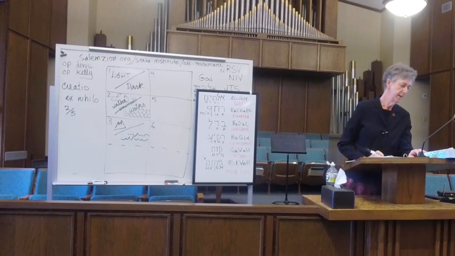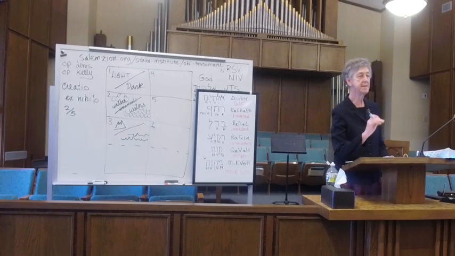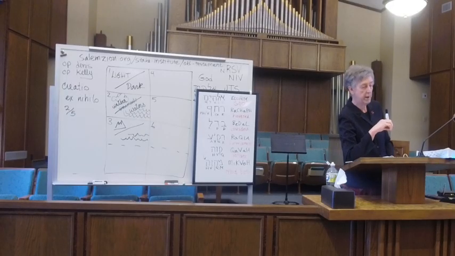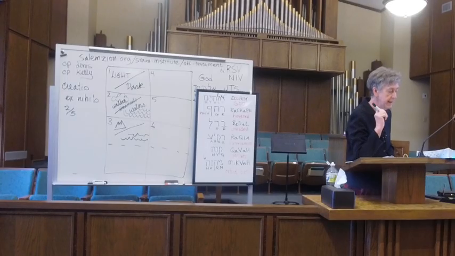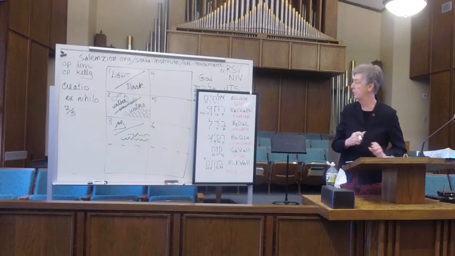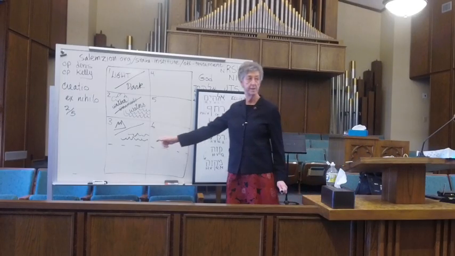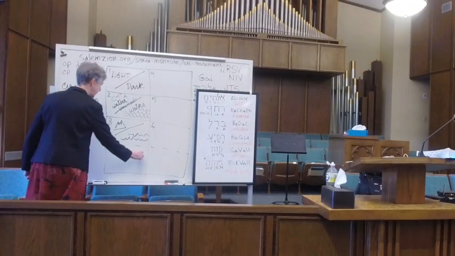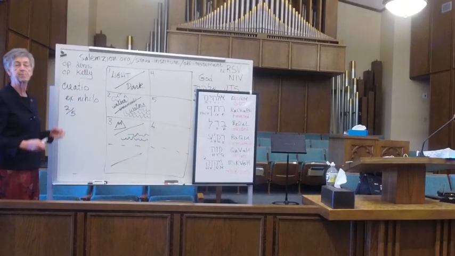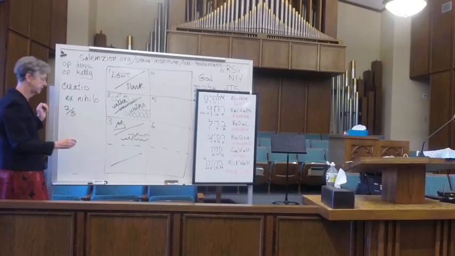Okay, so that's day 3, but it does not say and the evening and the morning. Do you notice that? He saw that it was good, and then verse 11, God said, "Let the earth bring forth grass." So there's a second half to day 3. And we're going to see that plants are created, and there's plants of 2 different kinds.